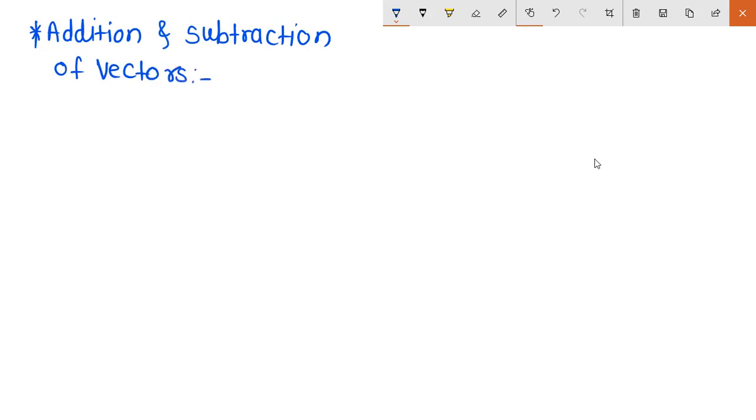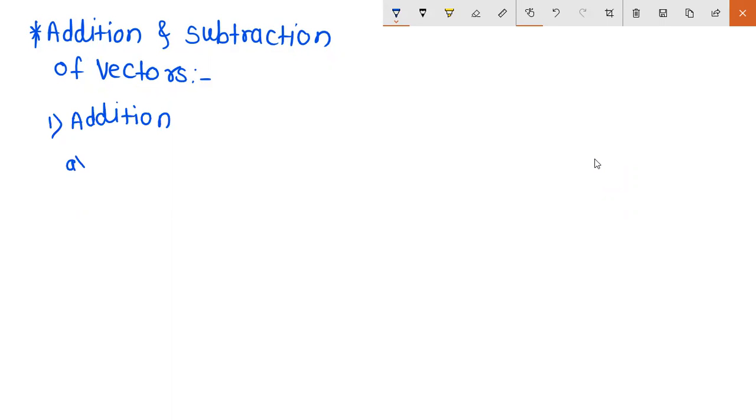If we consider any two vectors, we can add these vectors and we can also subtract them. We'll see how addition or subtraction is performed on any two vectors. First we'll see the addition of vectors. For addition, there are two rules, or two laws, for the addition of any two vectors.